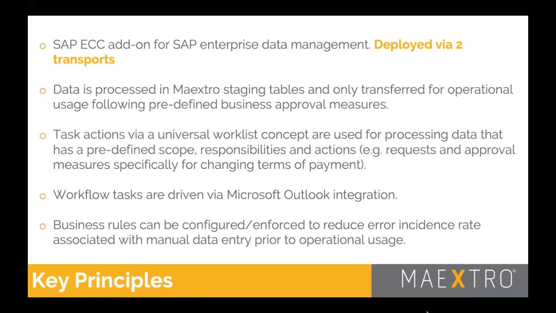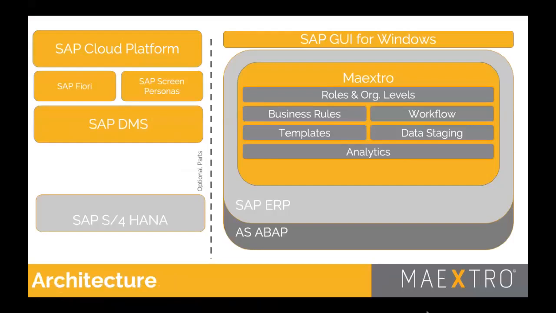So with that, a little bit more on the architecture. This resides in your core ERP or S4 environment as an ABAP add-on. We hook into other SAP toolsets, so we support document management integration. We have SAP Fiori-based applications, UI5 applications for data management in terms of data approval, data creation.